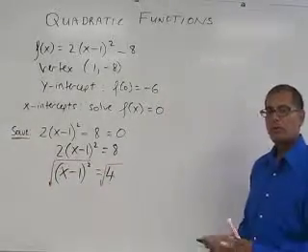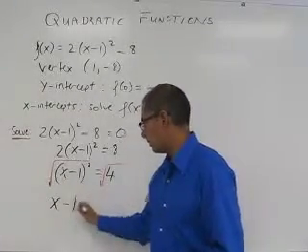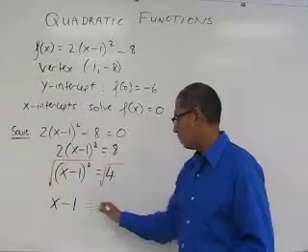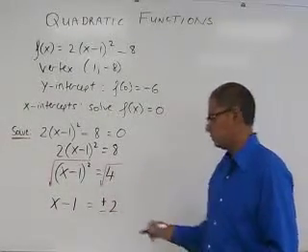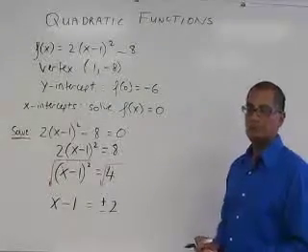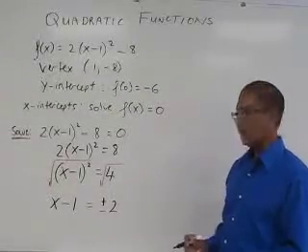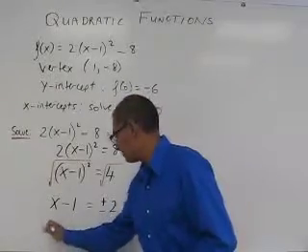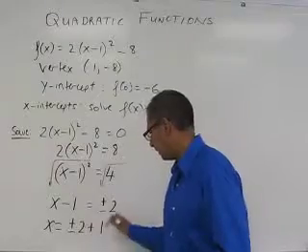So the square root of (x minus 1) squared, well, they undo each other, is x minus 1. And the square root of 4 is actually plus or minus 2. And the final thing now is you add 1 to both sides. So we'll have x equals plus or minus 2 plus 1.